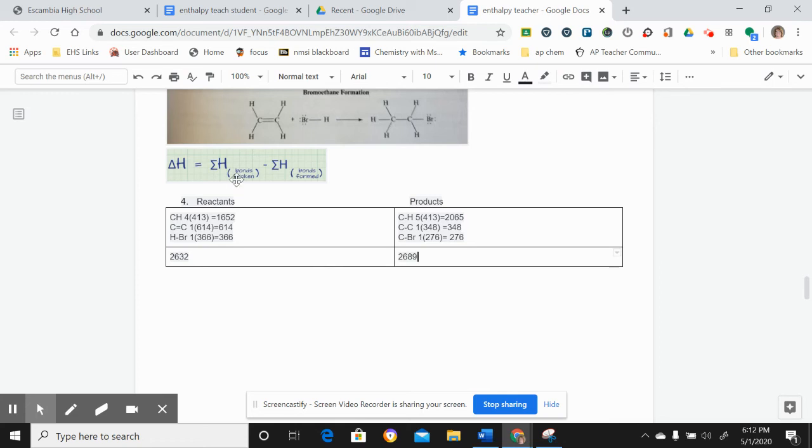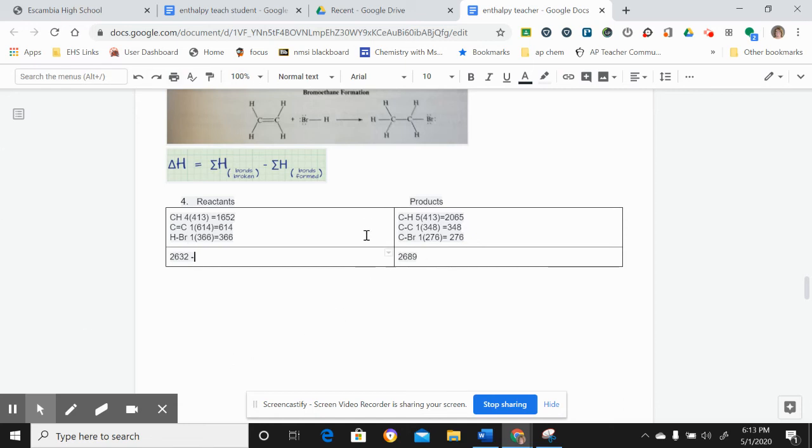Now, once again, it's bonds broken. Bonds broken is on the reactant side. These are breaking apart to form these. So you have to take bonds broken minus bonds formed. So 2632 minus 2689.